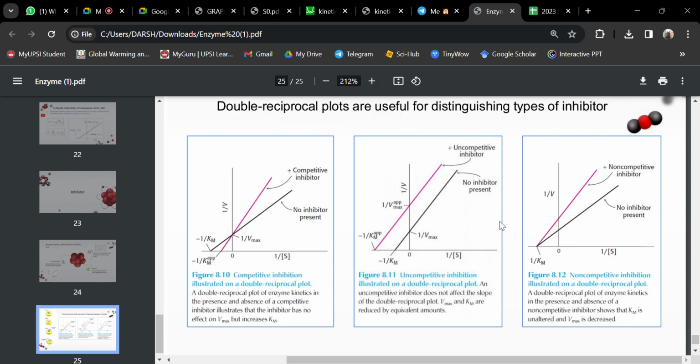Betul tak? If I put in that compound in the system kan, and then I measure punya Vmax, Vmax dia tak sama macam yang normal. So that will indicate either one, sama ada dia uncompetitive or non-competitive lah, betul tak?